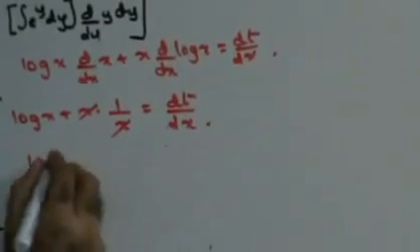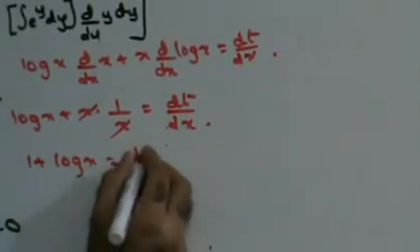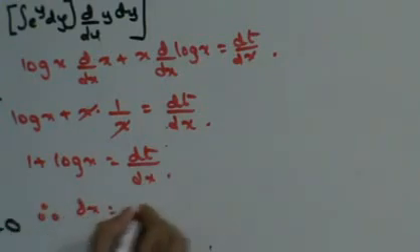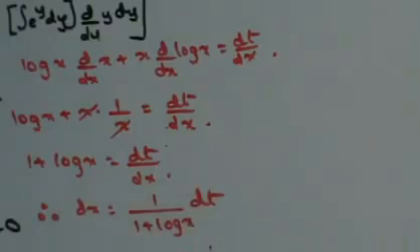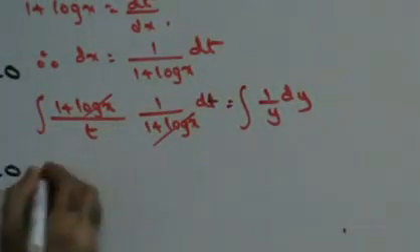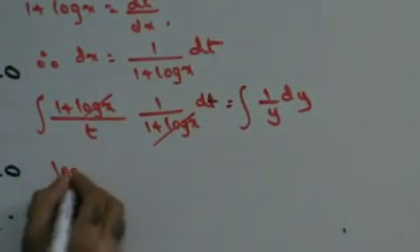So I'll get 1 plus log x is dt by dx. Therefore dx is equal to 1 upon 1 plus log x into dt. Now I can say integral of 1 plus log x upon t dx can be written as 1 upon 1 plus log x dt is integral of 1 upon y dy. Cancels. Integral of 1 upon t is log mod t.